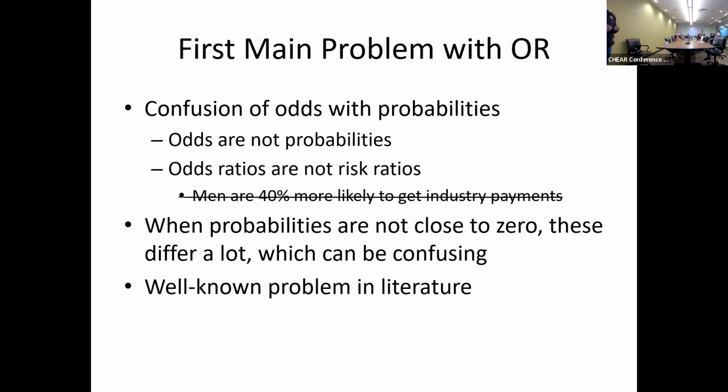Odds ratios are also not risk ratios. When the probabilities are very close to zero, it doesn't matter a lot. But as they diverge, then this can be much more confusing. This is a well-known problem, nothing new, and it's basically an issue of education and being very clear and explaining things. And if this were the only problem, I wouldn't be giving this talk this morning.